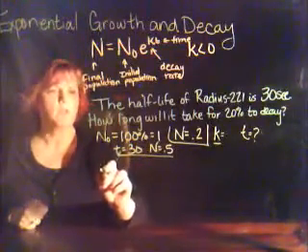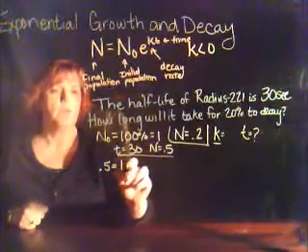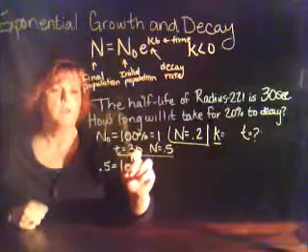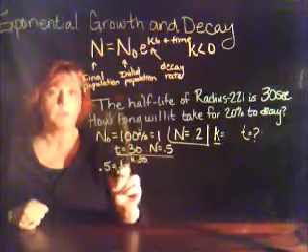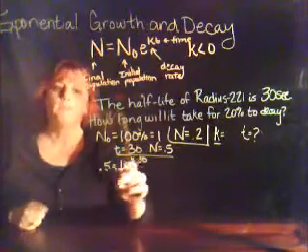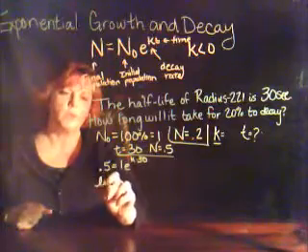So we're going to use 0.5 is equal to 1 times e raised to the k times 30, and our time is measured in seconds. If I divide by 1, I get the same thing. So then I'm going to take the natural log of each side.